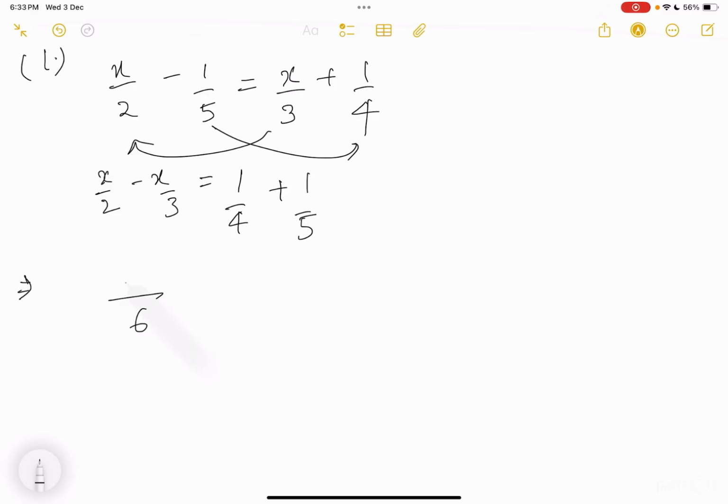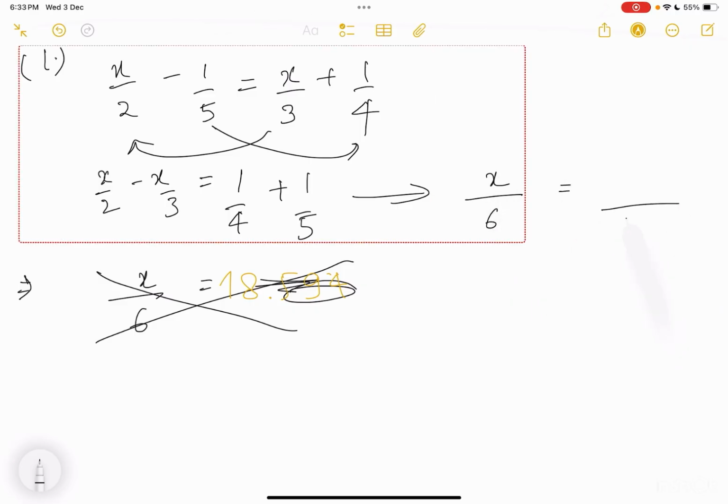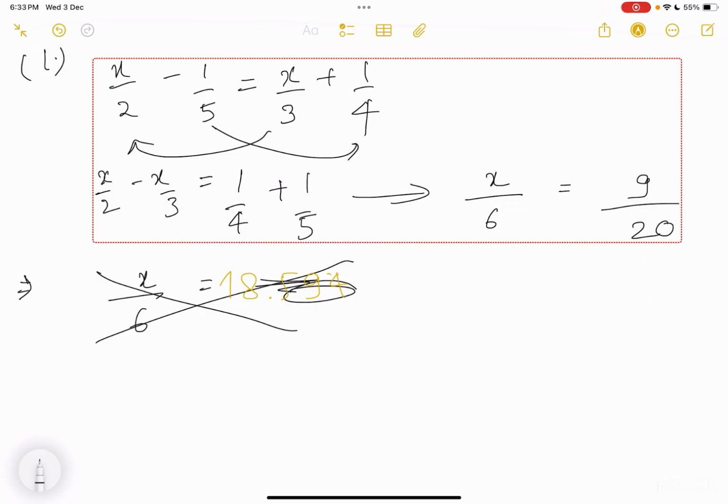Okay, take the LCM, solve it, you will get x, and here I'll take the LCM. It is x by 6 and the LCM here is 20, it will be 9. Okay, solve it, cross multiply it, you can cancel it out also, but you can cross multiply. I'm not solving it.